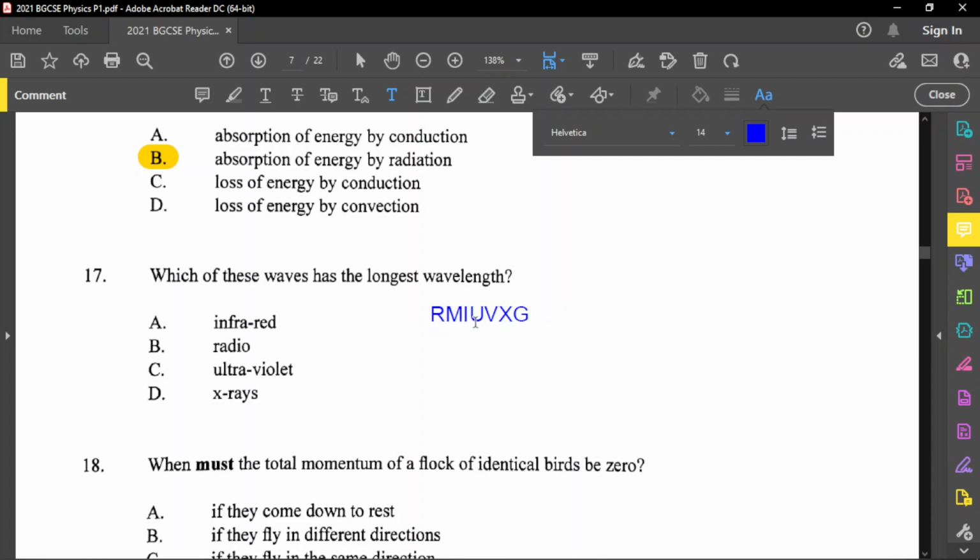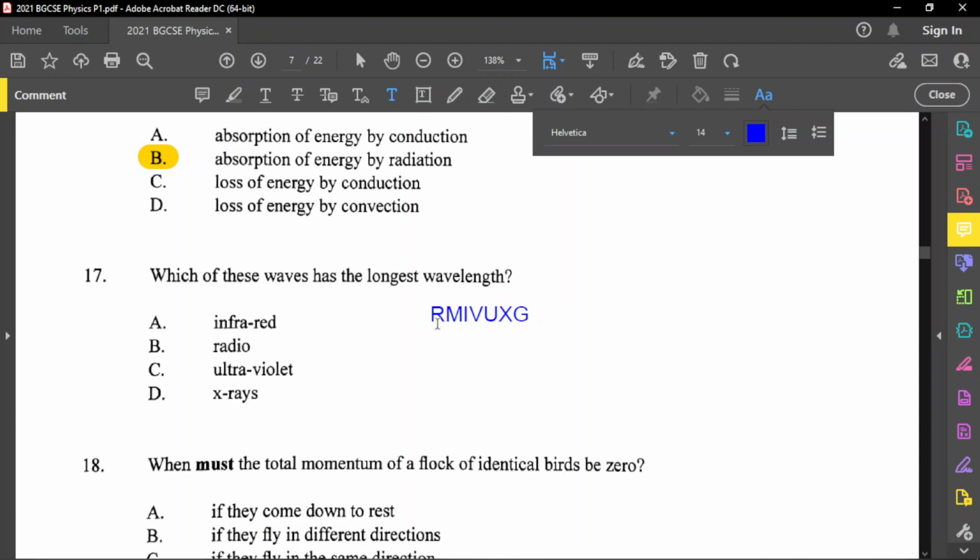Let's change the V to U. So: radio my information unless X news is gibberish. We use that to remember the order in which these electromagnetic waves are organized.